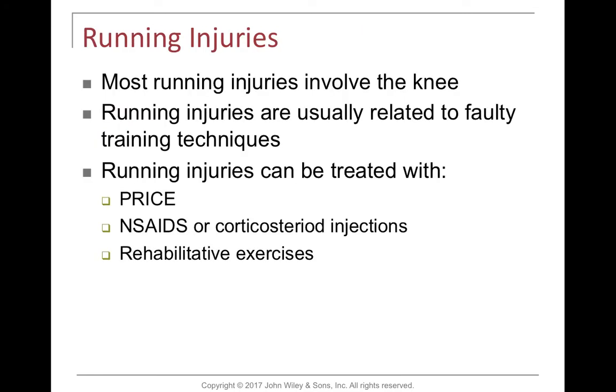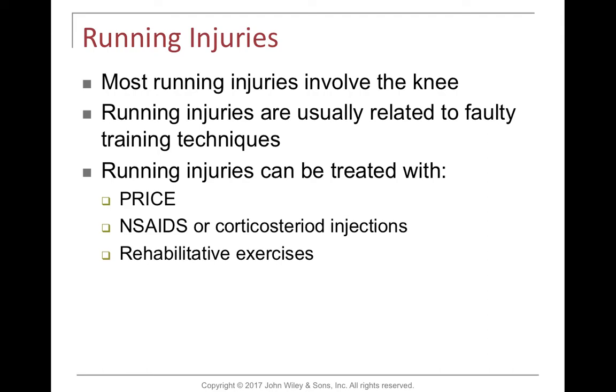Now, as far as disorders and homeostatic imbalances for our muscles or the muscular system, we have running injuries. And so most of these running injuries will involve the knee. Other commonly injured sites will be the calcaneal tendon or the Achilles tendon, the medial aspect of the tibia, hip area, groin area, foot and ankle, and back, but most involve the knee.